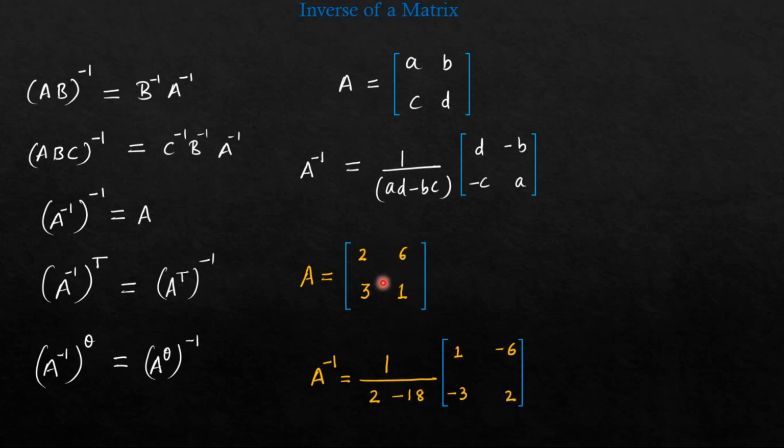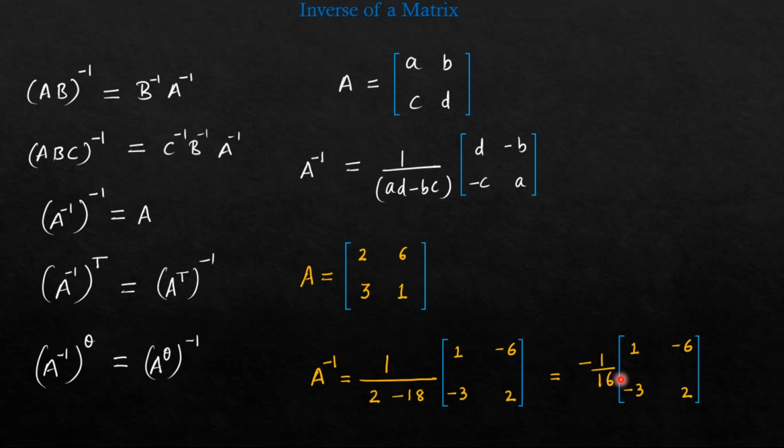Put the minus sign on the off-diagonal elements. So 6 will become minus 6 and 3 will become minus 3. Okay. So 1 by (2 minus 18). 2 minus 18 is minus 16. So it will become minus 1 by 16, into the matrix 1, minus 6, minus 3, 2.